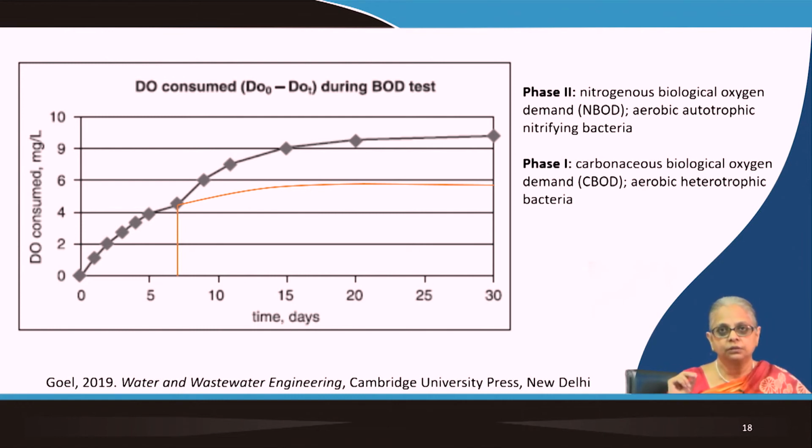But supposing you were a little more ambitious and you were to set up your test for 1 month and take samples at more frequent intervals. So supposing you were to take a sample at time t equal to 0, for 7 days you were to take samples almost every day, and then with lesser frequency over a 30-day period.